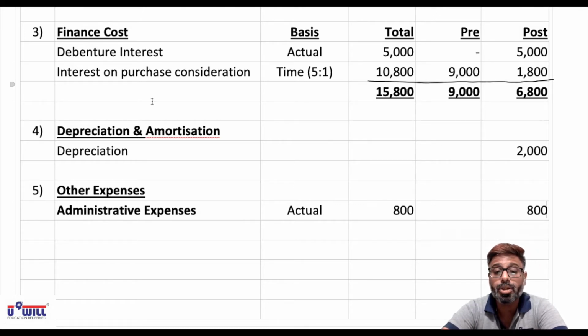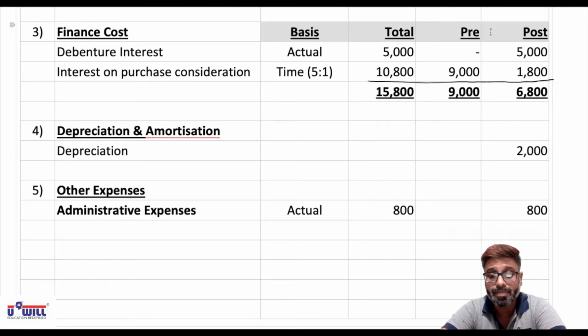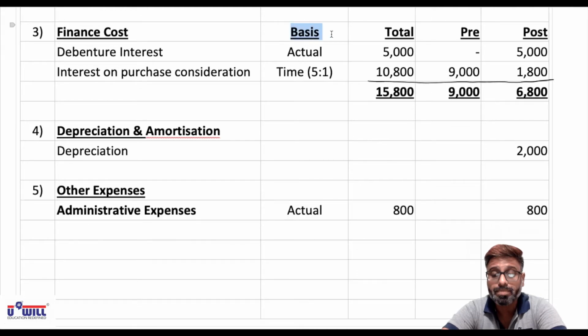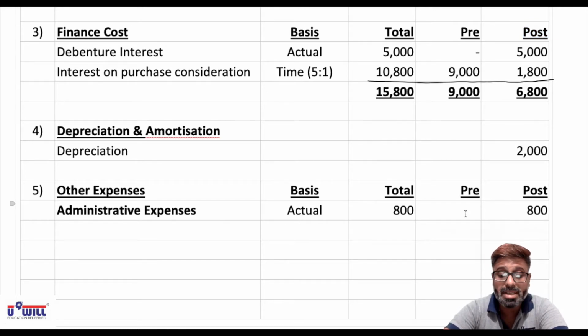Here also you'll give the headings: basis, total, pre and post. Now, this was which administrative expense?